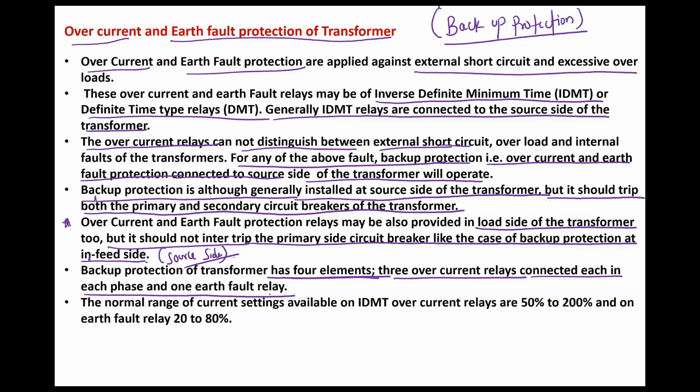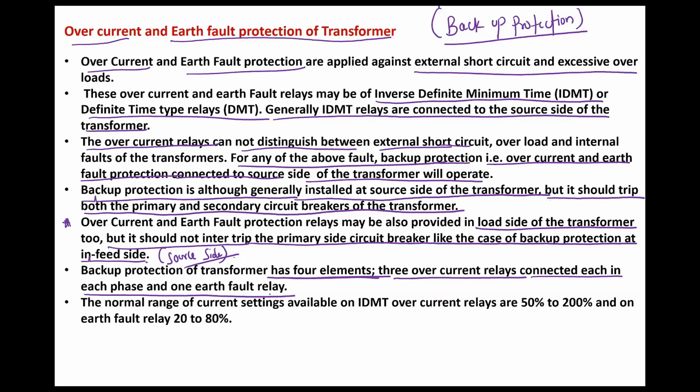So there is nothing new to worry about. There are only a few things you have to remember. The first and foremost point is that the overcurrent and earth fault protection we provide to a transformer is called backup protection. The second point is that to implement this overcurrent protection, we mainly use IDMT relays.